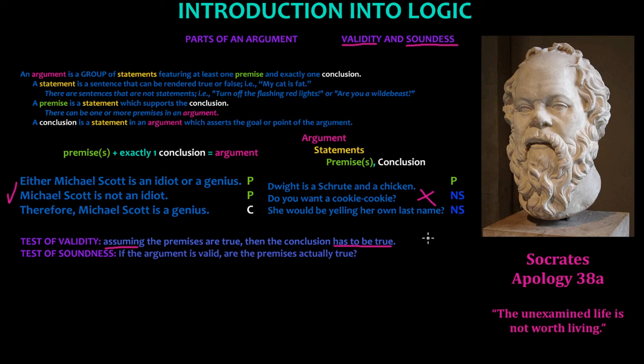So for one example, let's say the argument is this: if I have one apple and if I add another apple, then logically how many apples do I have? This is a helpful way to see the logical demands that must be met in order for an argument to be valid.